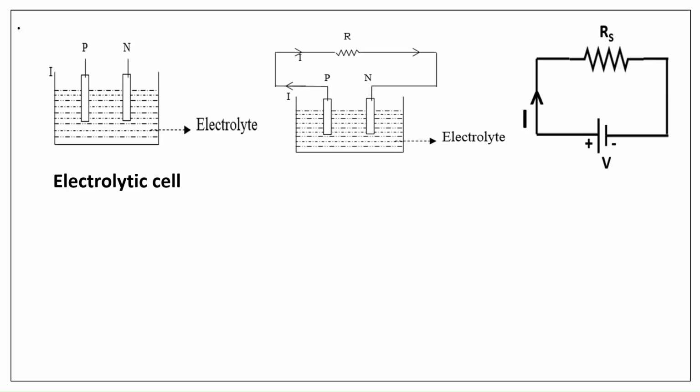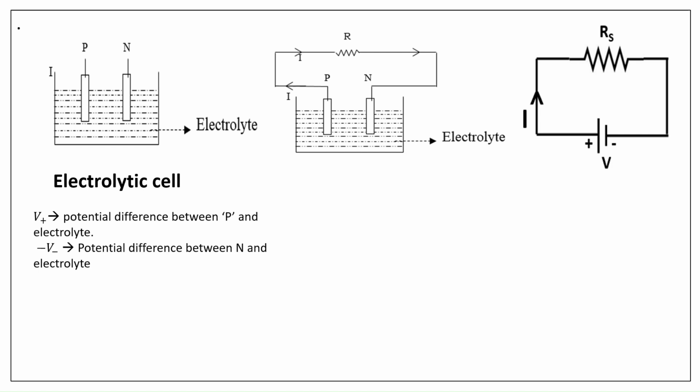Next, look into the electrolytic cell. Consider an electrolytic cell. It has two electrodes called positive, P, and negative, N, electrodes as shown. Here, V plus is the potential difference between P and electrolyte, and minus V minus is the potential difference between N and electrolyte.